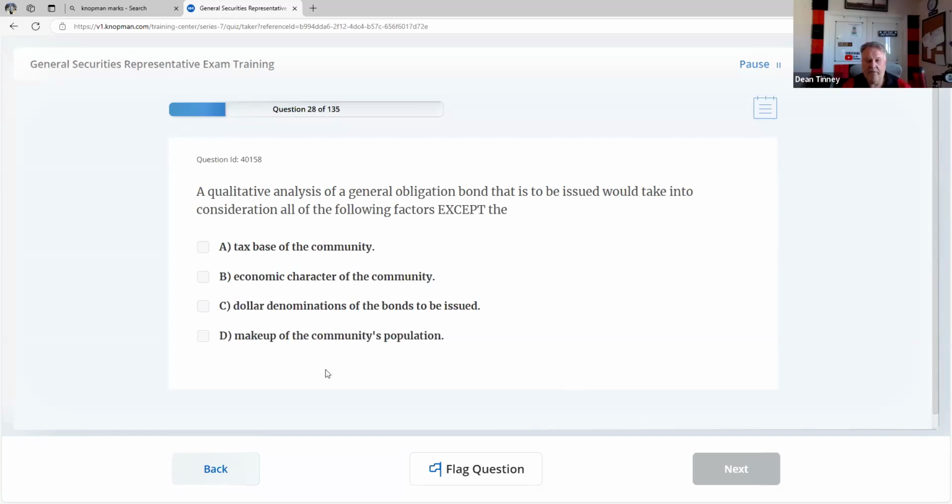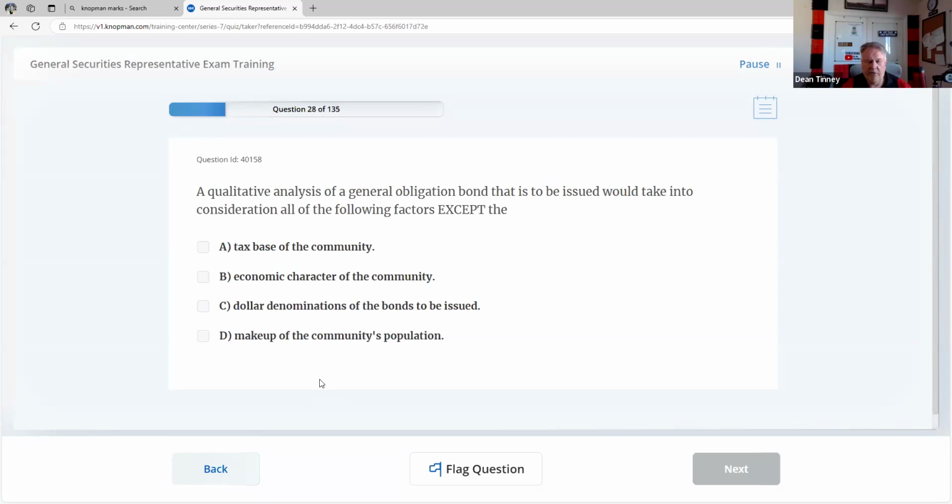Does the tax base of the community determine or can be a determining factor in the quality of the bonds? I say yes. Does the economic character of the community determine the quality of the bond? I'm going to say yes.